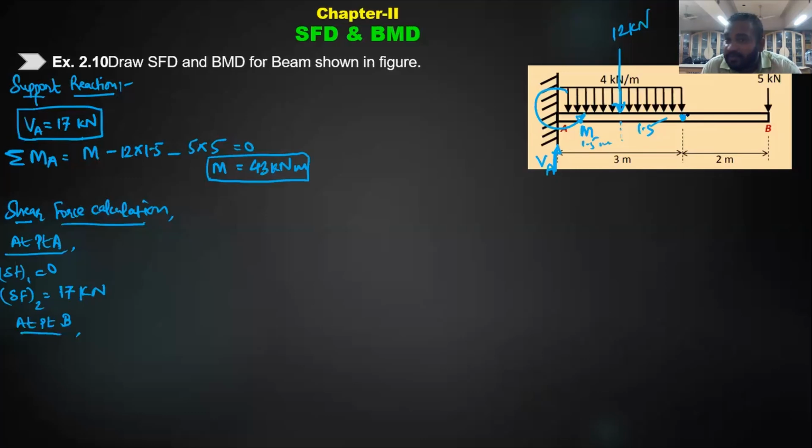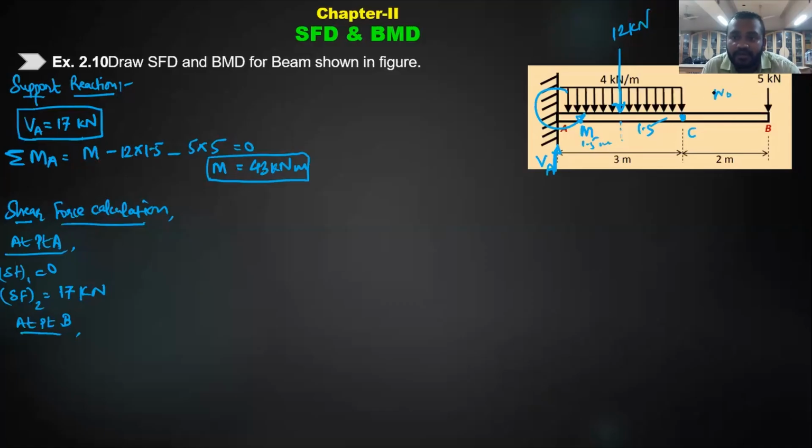Sometimes they might not give you the point, but you have to be very careful about where the loading pattern changes. As you can see, the loading pattern changes, and I have to monitor this particular point because my SFD is going to change in shape here. If I call this point C, between A and C the SFD will be an inclined line, but after that it will be a straight line because there is no load here.